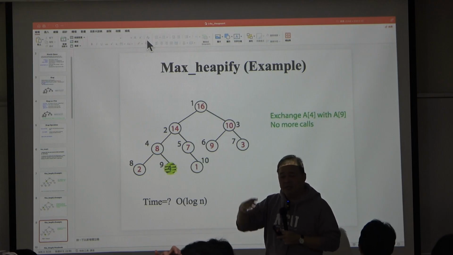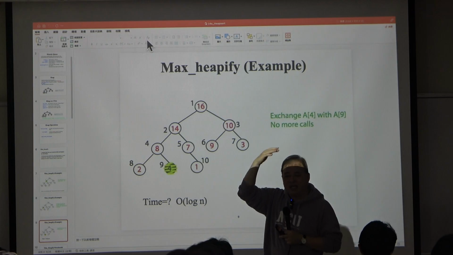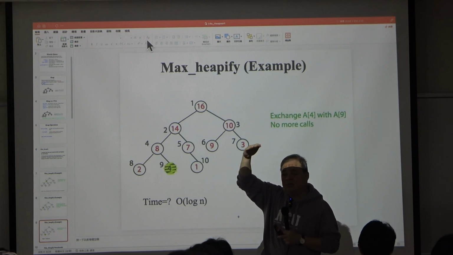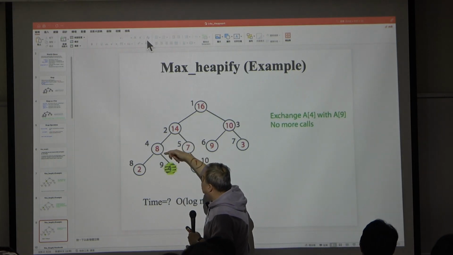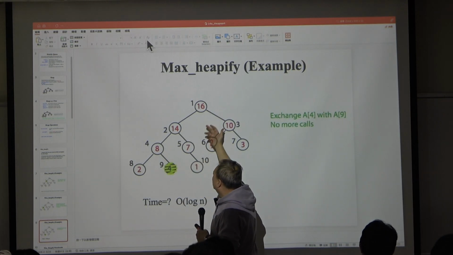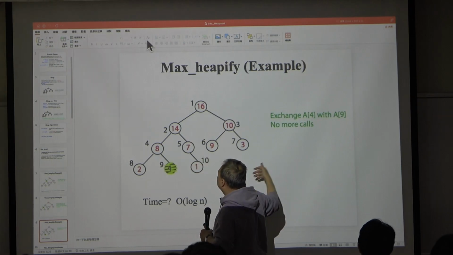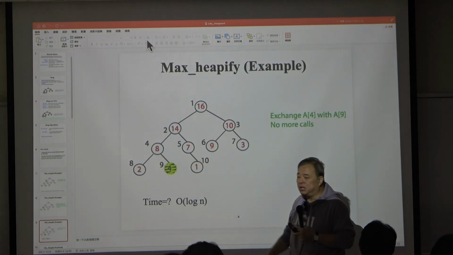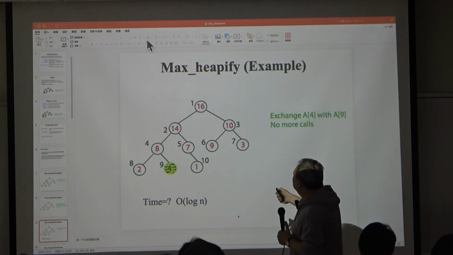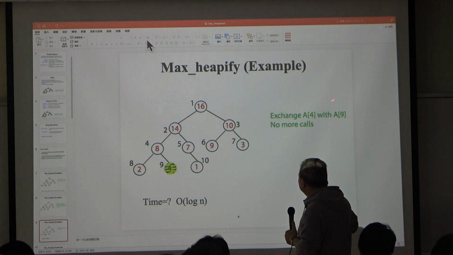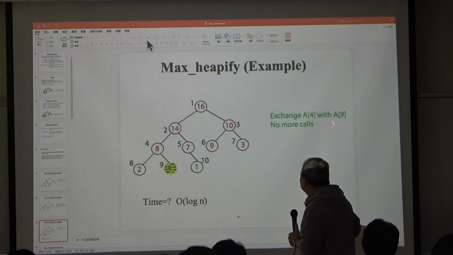So it's going to be a constant times the height. In here it's 2 levels. Because this whole tree is bounded by log n, the height of this tree is bounded by log n. So the complexity of max Heapify is big O of log n, right?